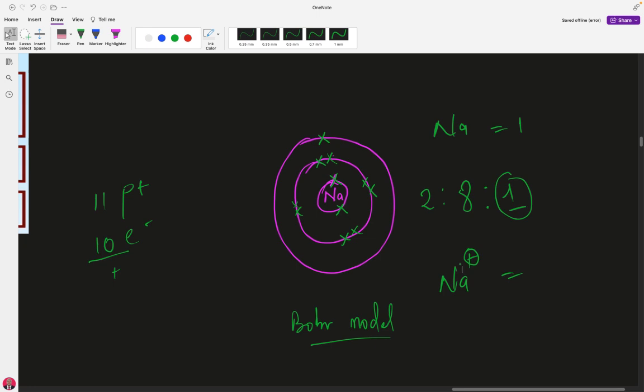So sodium has more protons than electrons. That is why it has a positive charge, because one electron has been lost. Therefore, if we go to electron configuration, according to the Bohr model, we will have only 2 and 8.